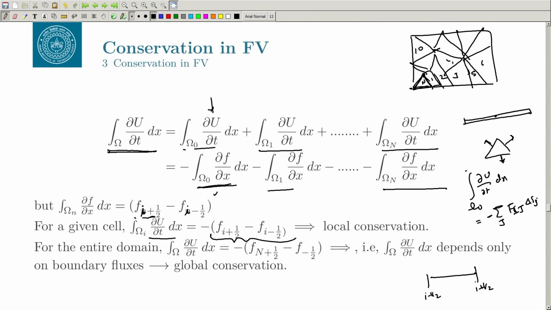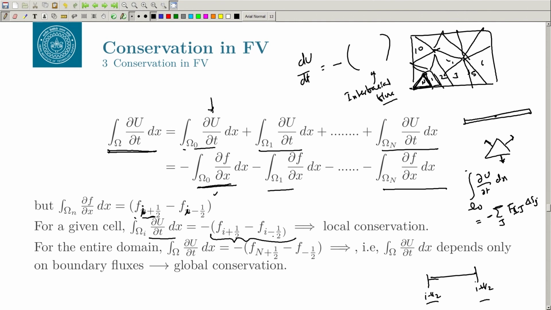In this case it depends on all three faces; in 1D it depends only on I plus half and I minus half. That means you have local conservation. We want to ensure that my du by dt should only depend on the interfacial flux on the boundaries. That is what is happening here: you are getting local conservation, because it depends only on I plus half and I minus half.